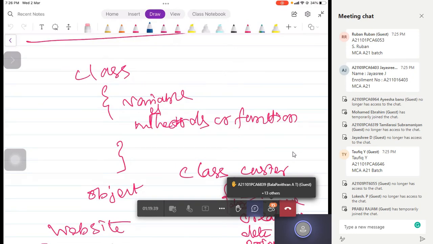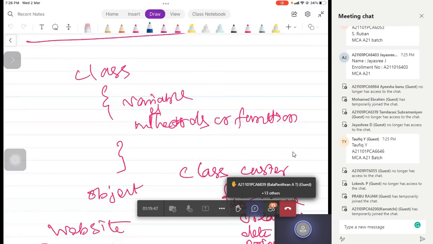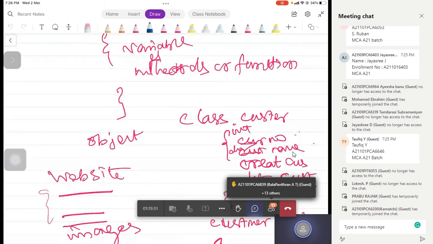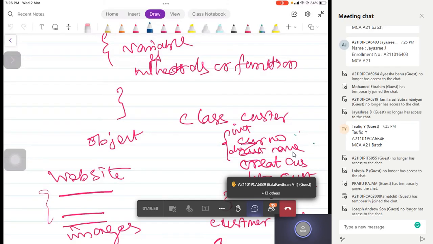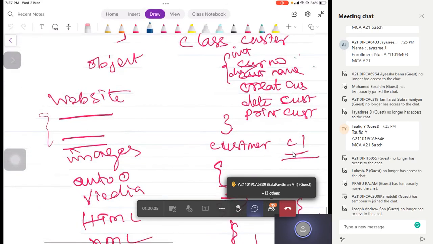Members are all the variables which are going to be used, and methods are defined as functions for the particular class. So listen, for the object customer, customer number and name, and create customer, delete customer, print customer are the three methods. But members are customer number and customer name.